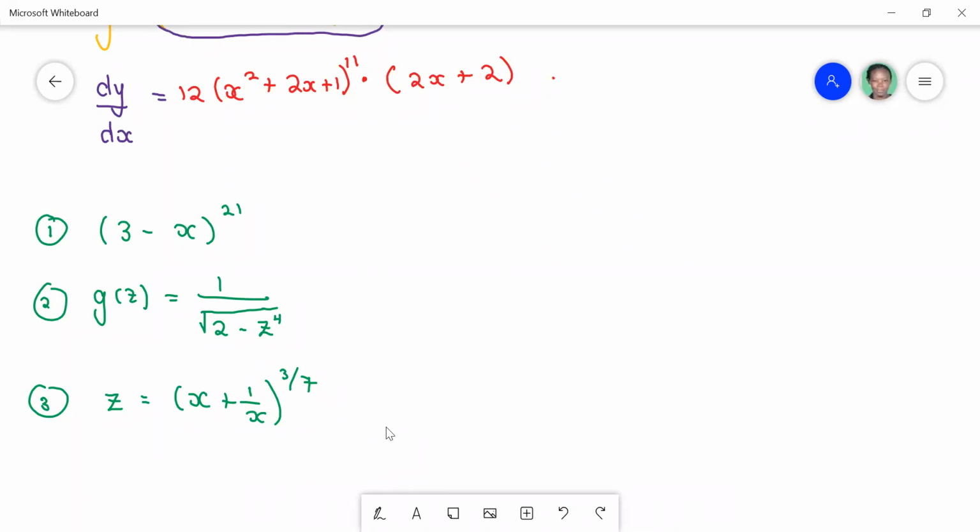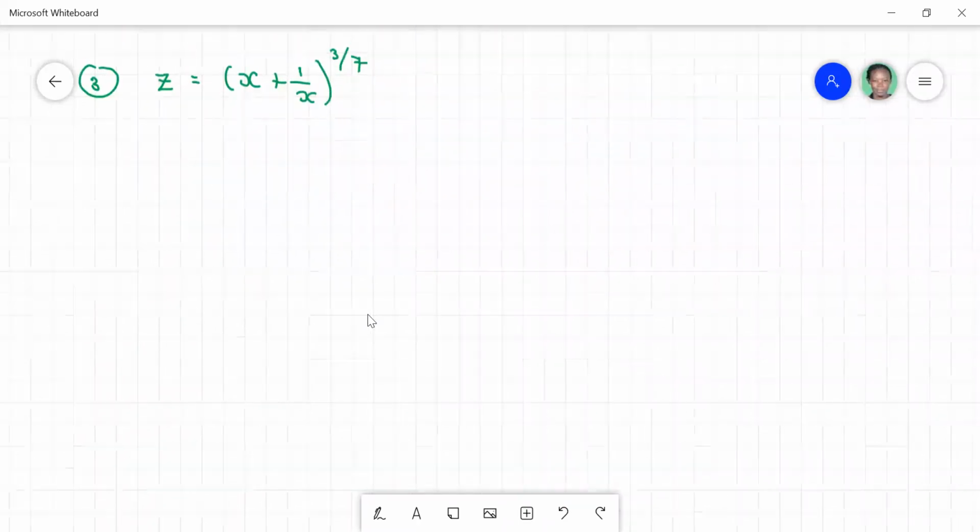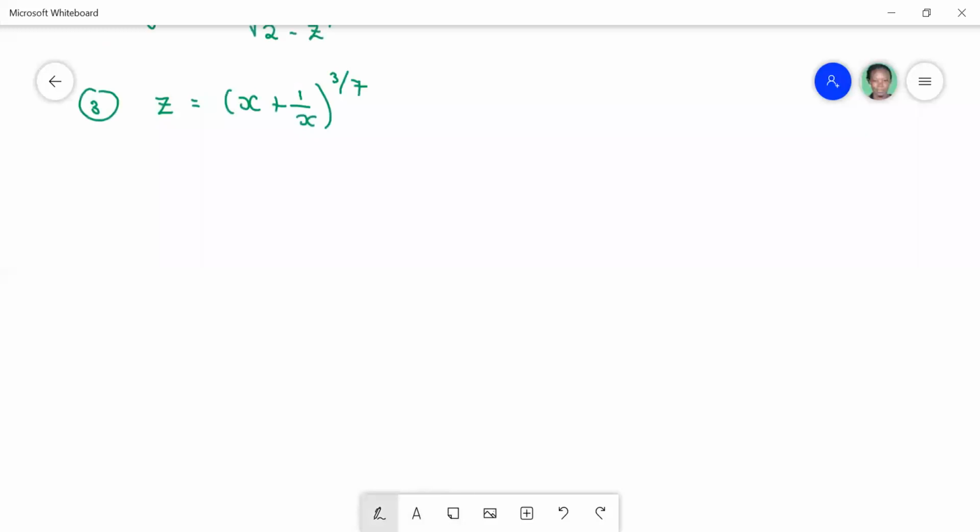Before we go off, let me introduce implicit differentiation. If you remember, when we started looking at functions, we made mention of explicit and implicit. With implicit, you can't actually tell which is a function of which.